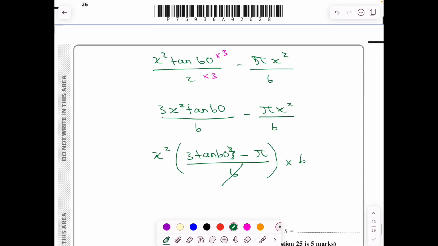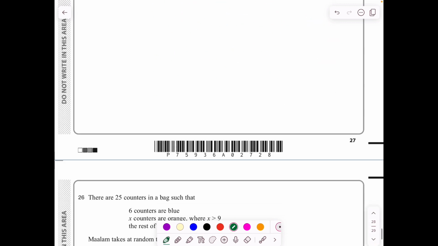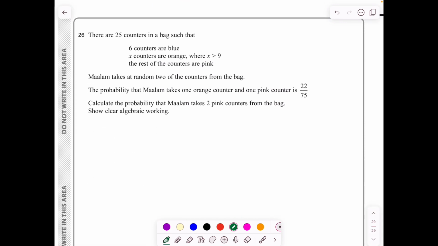We just need to now work out what 3 tan, so the area of all those shaded bits is x squared times 3 tan 60 minus pi. And when you work that on the calculator, that gives you 2.05 x squared. So n is 2.05. Okay, almost there. Almost there. Last one then.